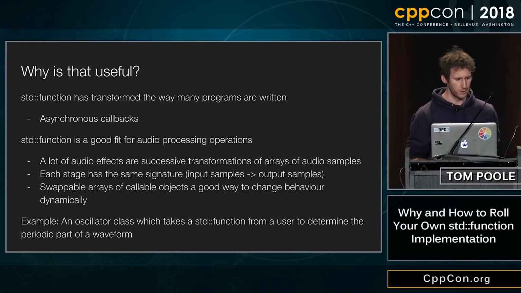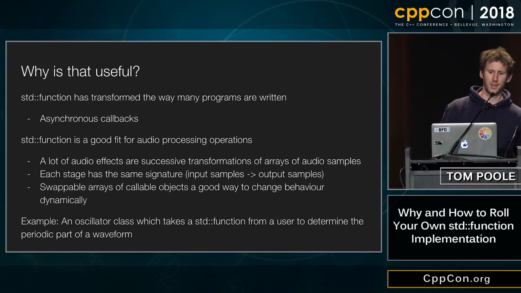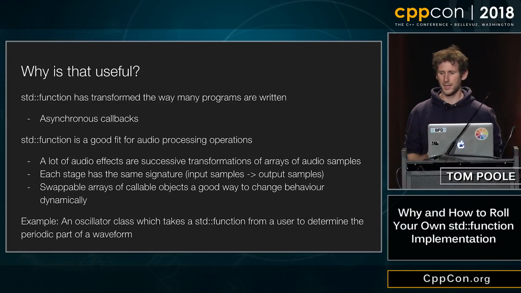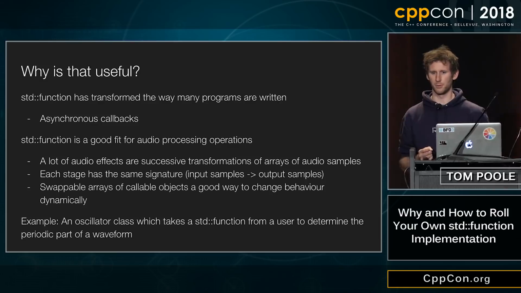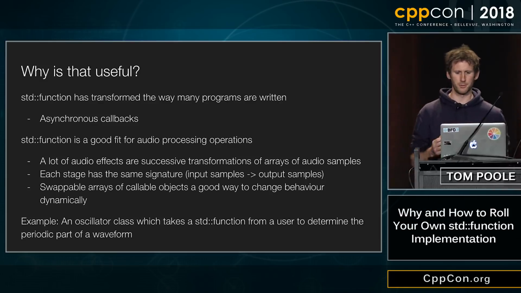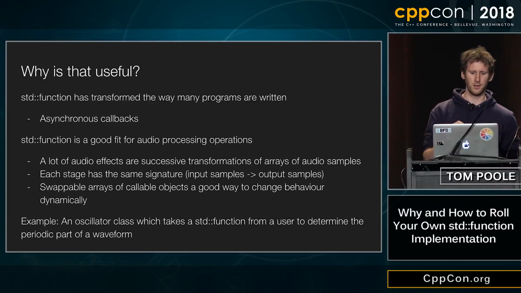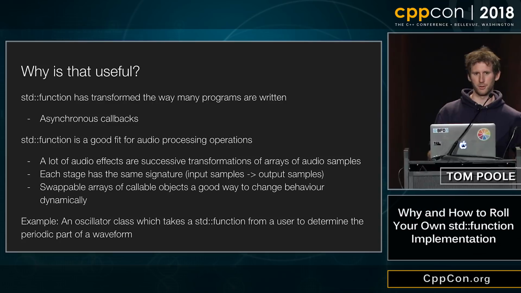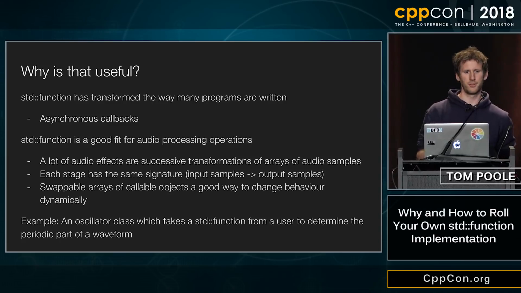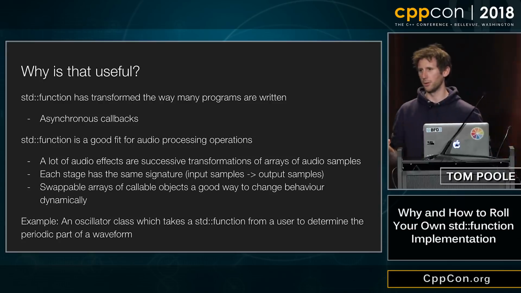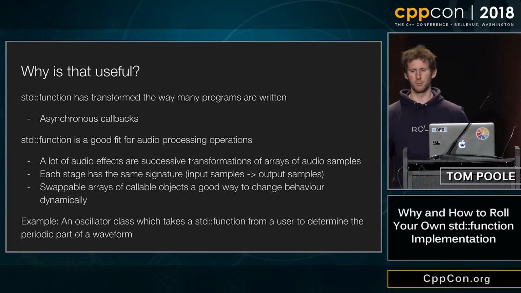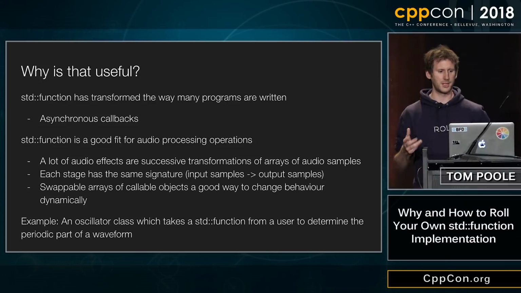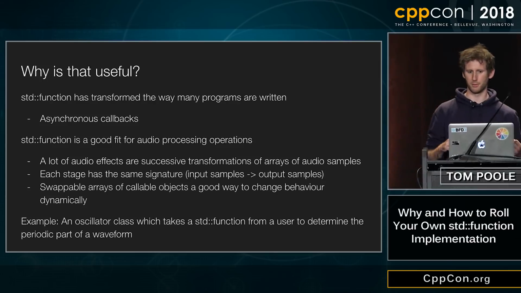So why is that useful? I think it's fair to say that std function really has changed the way a lot of programs are written. Actually, not programs in their entirety, but certainly bits of them. If you're interacting with anything that is asynchronous, before the advent of std function, the typical approach was that you'd call an asynchronous function and provide it with a function pointer and maybe some void star data to get control back to where you started from.